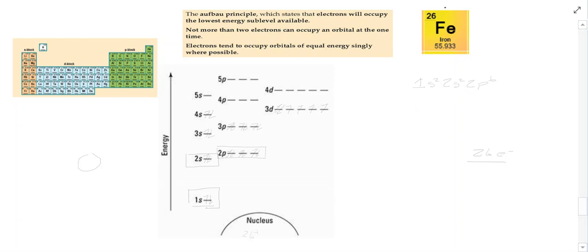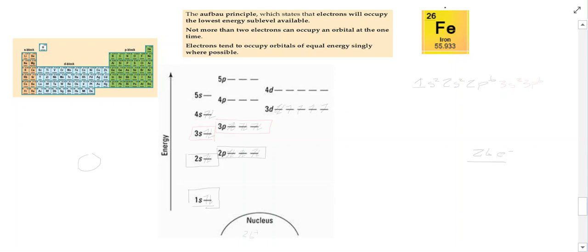And then, if I just change the color, you have this s orbital, so 3s, and within that you have 2 electrons. So it's 3s2. Then you have 3p, and it's full. You have 6 electrons in those p orbitals. So then you have 3p6.